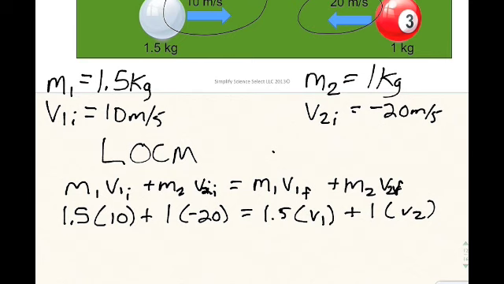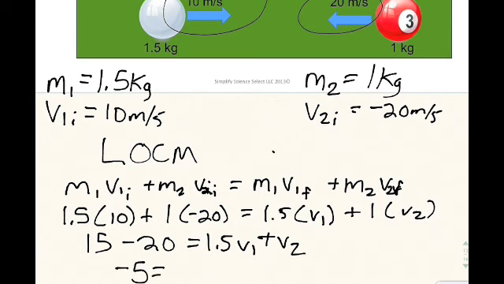So 1.5 times 10 is 15. 1 times negative 20 means you're going to end up with minus 20, equals 1.5 V1 plus V2. Now, I'm going to go ahead and simplify this a little bit, and when I do that, I'm going to end up with negative 5 equals 1.5 V1 plus V2.